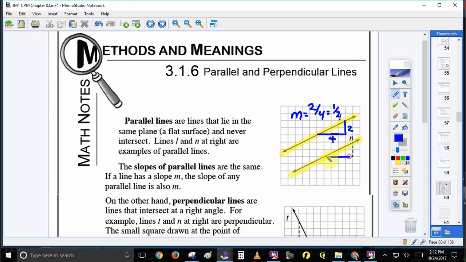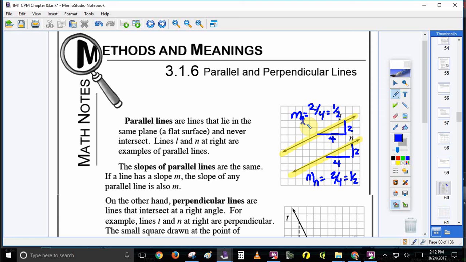And our parallel line should have the same slope of 2 over 4 or 1/2. So the slope of N equals the slope of L.